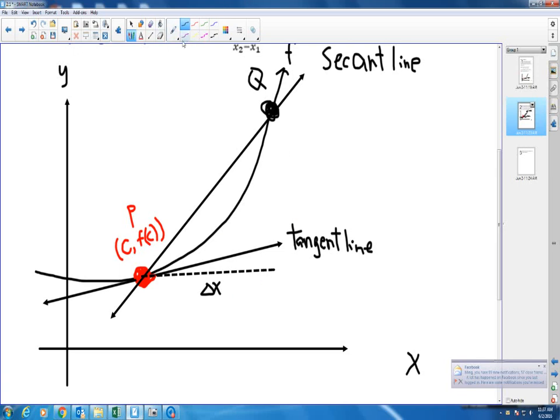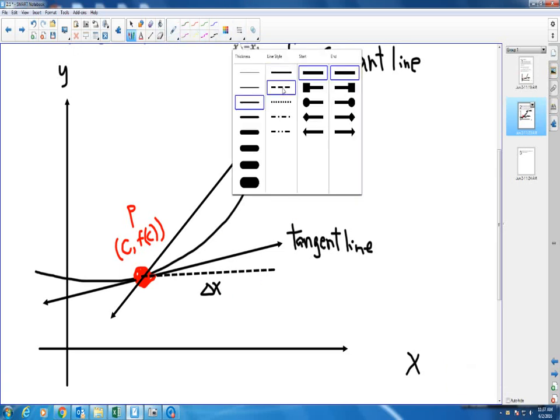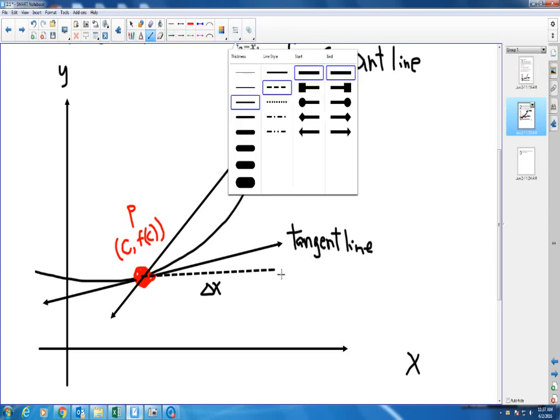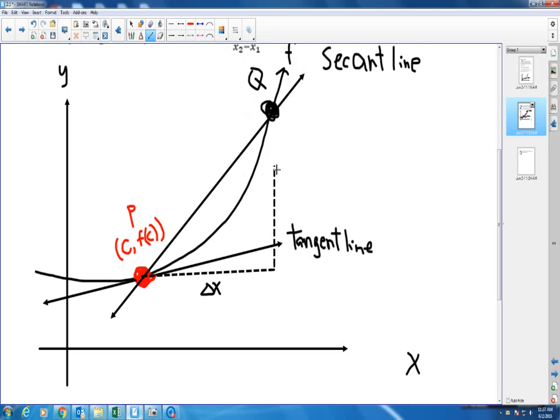Now rather than write delta y, I'm going to use the symbol I already used. So I'm going to draw another line going up. The difference in the y value here will actually be, oops, sorry, it'll be f of c plus delta x.